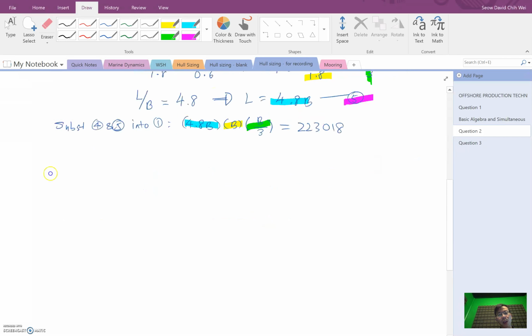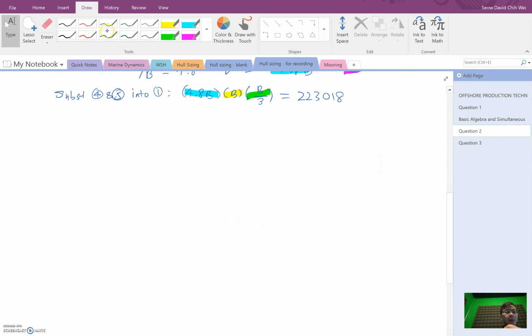Alright, so let me scroll up. So I multiply everything together. What I get will be 1.6 B cubed equals 223,018. Solving for B, that would be the cube root of 223,018 divided by 1.6.